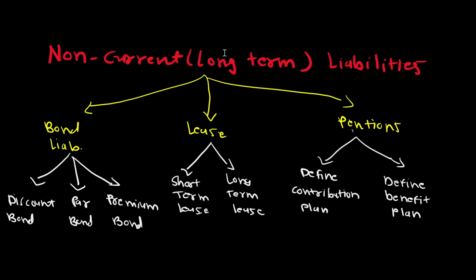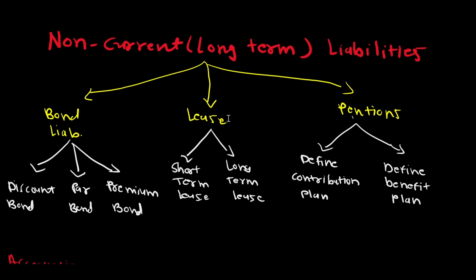Today we are going to learn about the non-current liabilities, also called long-term liabilities. Basically there are three types of long-term liabilities. First is bond liabilities, second leases, and then pensions.